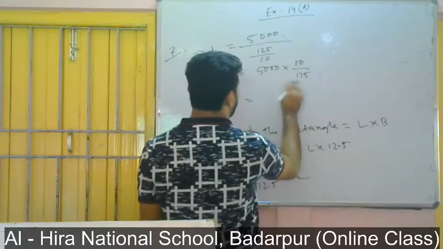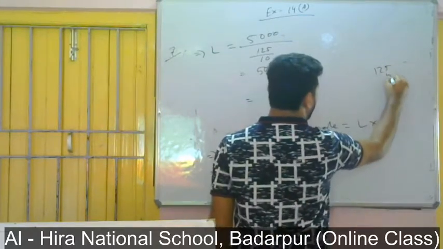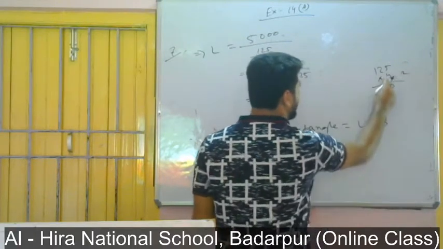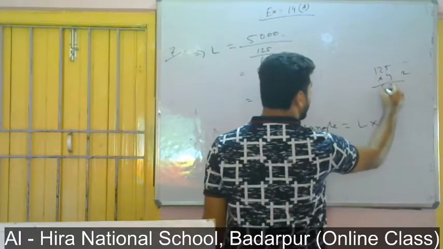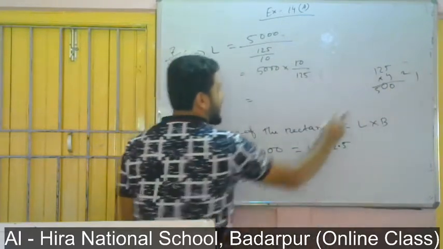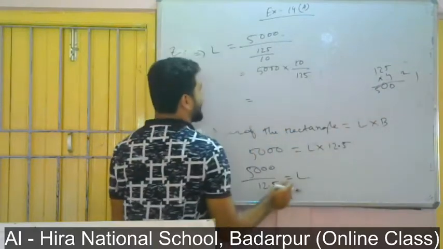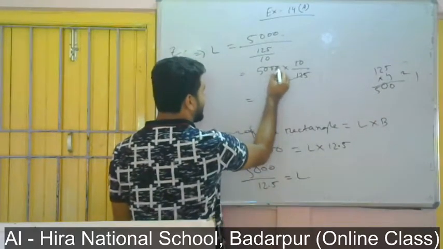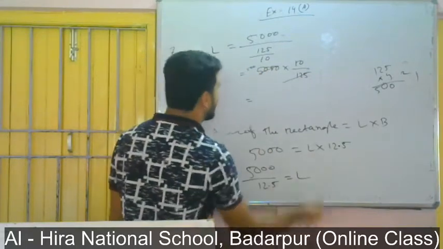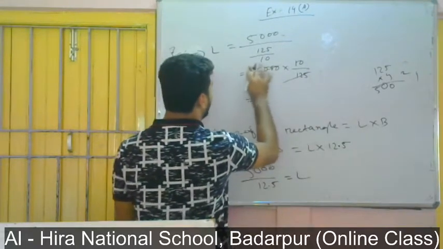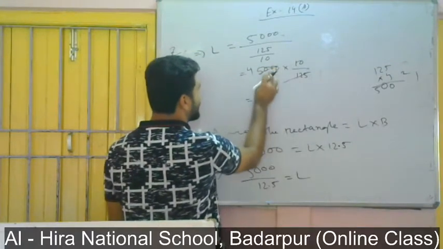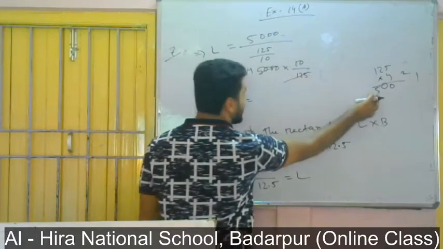Let us check what 125 into 4 comes to: 5 fours are 20, carry 2; 4 twos are 8, plus 2 is 10, carry 1; 4 ones are 4, plus 1 is 5. That means 500. 125 into 4 is 500. So I can cancel this by 500, by 4, and 10 remains. Up to 500 we have cancelled, so 10 remains.